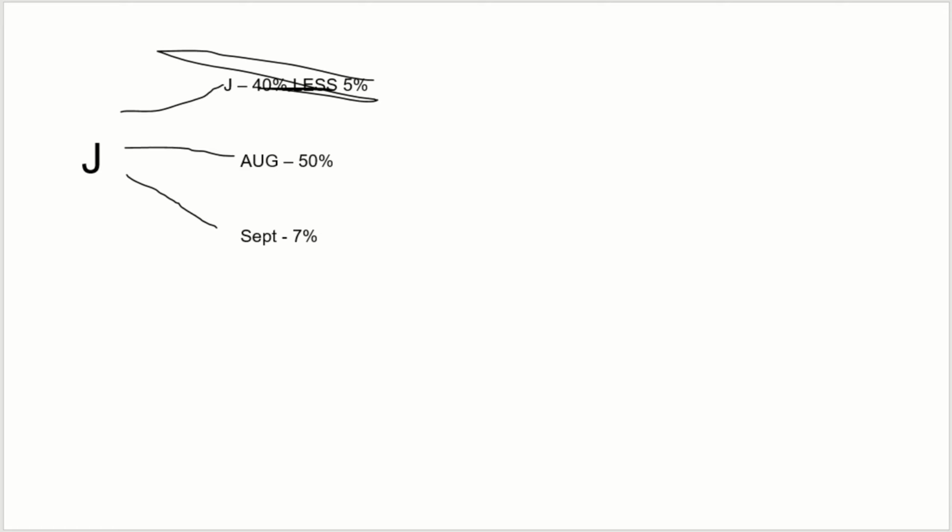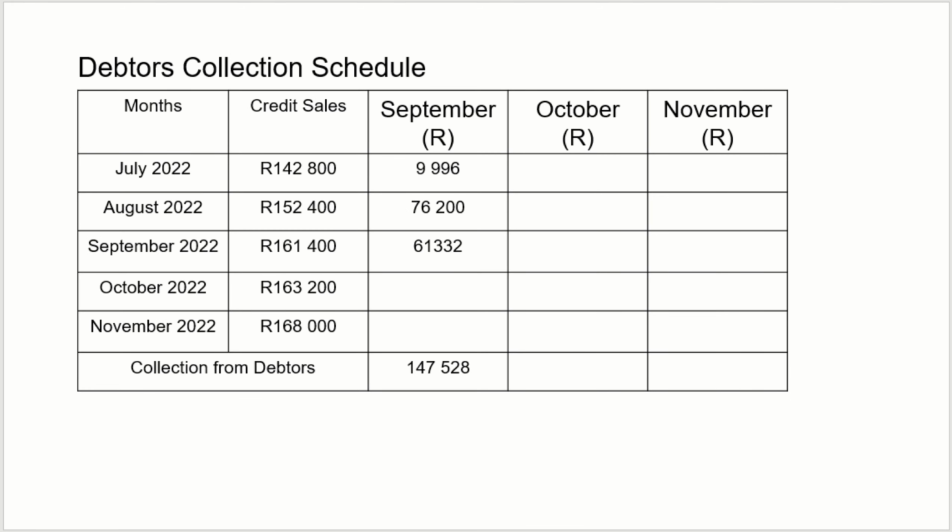We are also not preparing for August, so we cancel that one out. So we're only left with September, right? But luckily on our answer sheet, they've already calculated the amount for September for us.